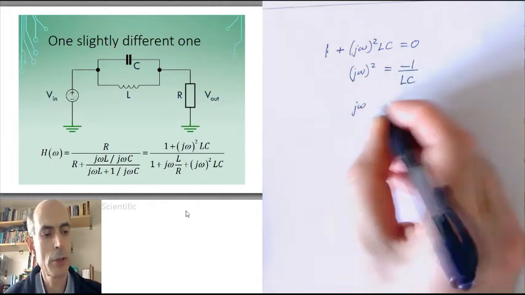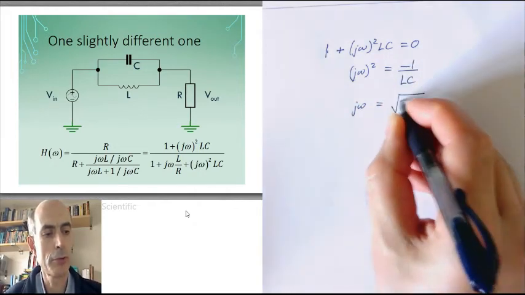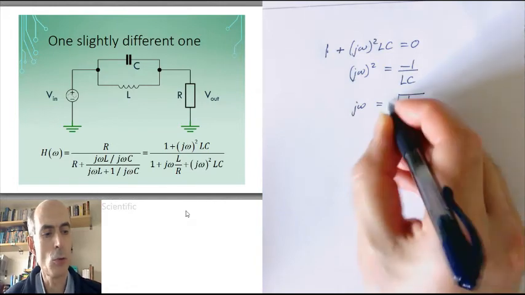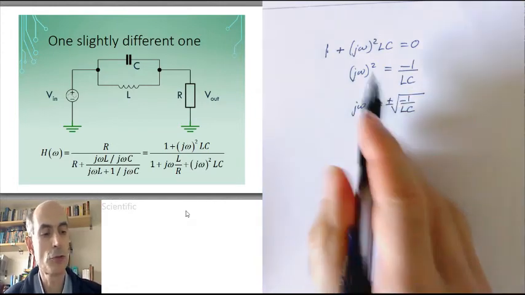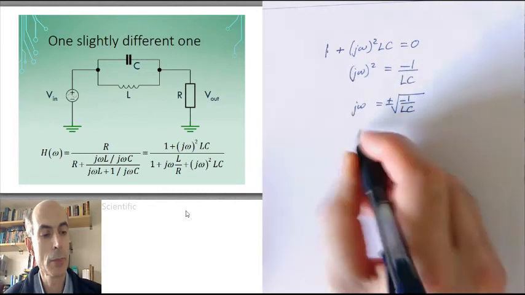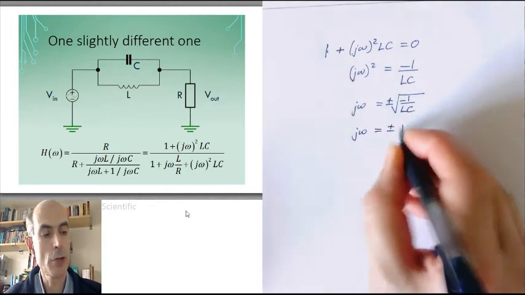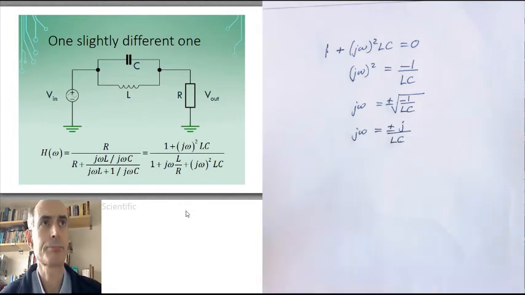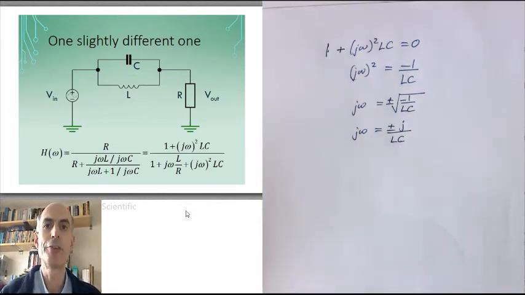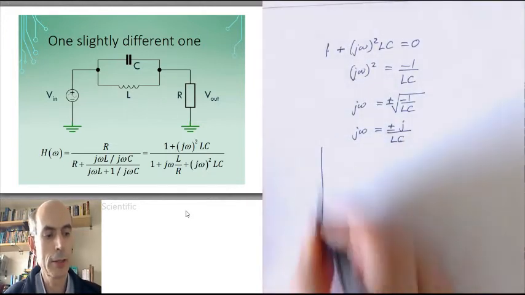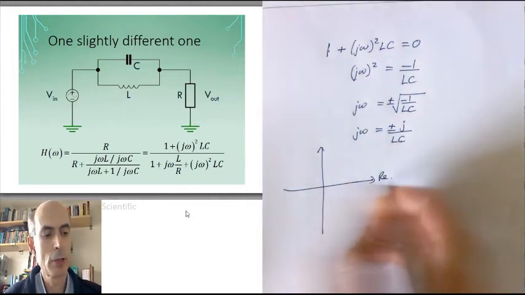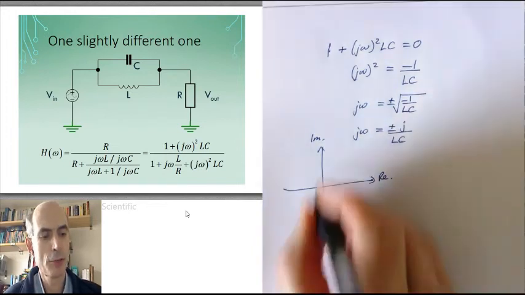J omega is therefore the square root of minus 1 over LC, or plus or minus it, because I've got two zeros. So j omega is plus or minus j over root LC. They are purely imaginary zeros.